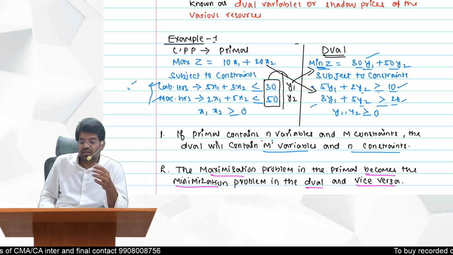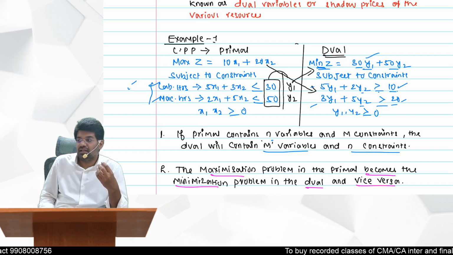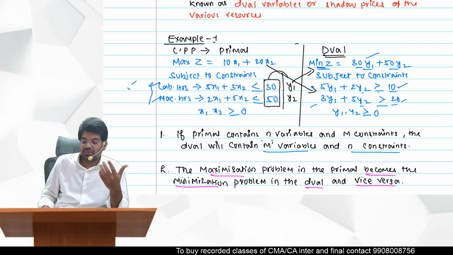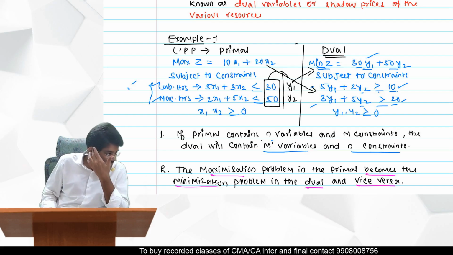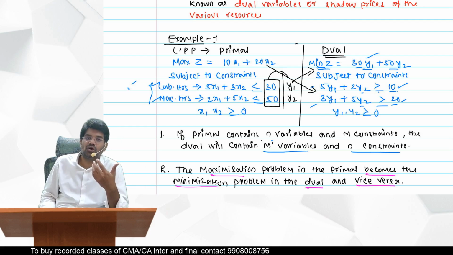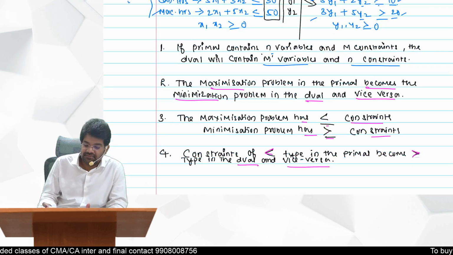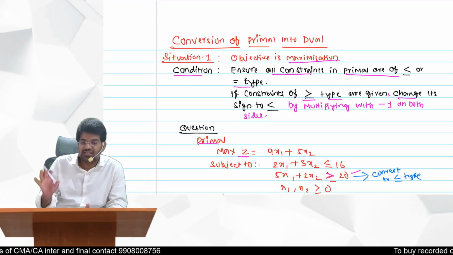You should use these inputs in such a manner that they give you more than 10 or more than 20 profit. So that is your dual program. Dual is basically considered as shadow price. Shadow price is nothing but opportunity cost. So that is the only logic here.